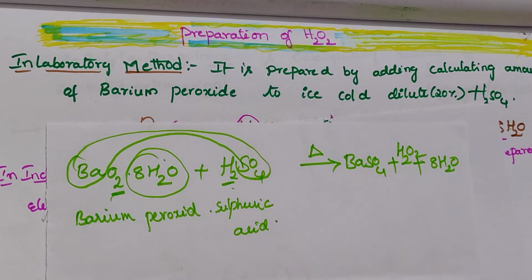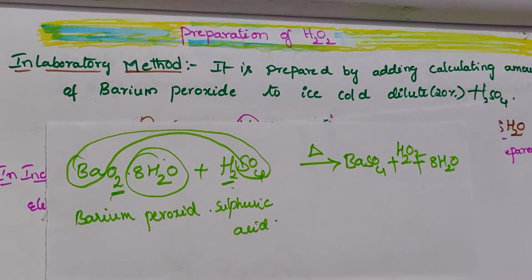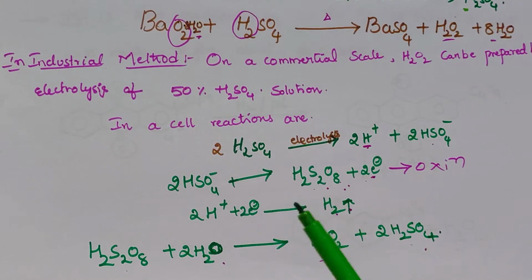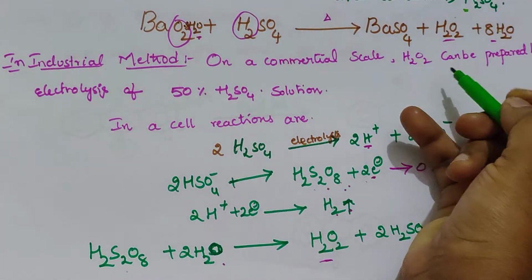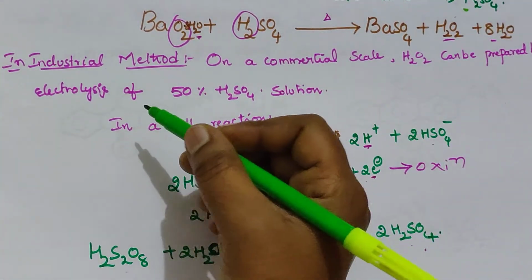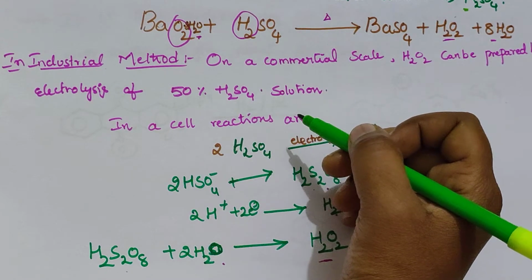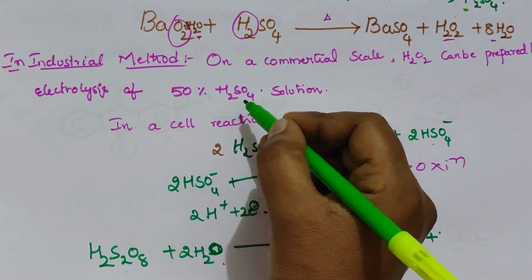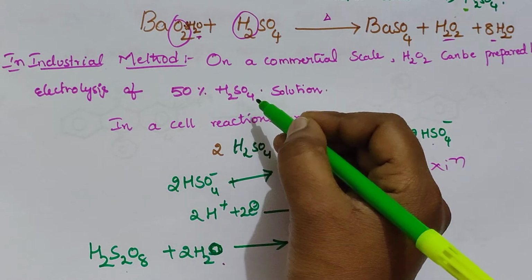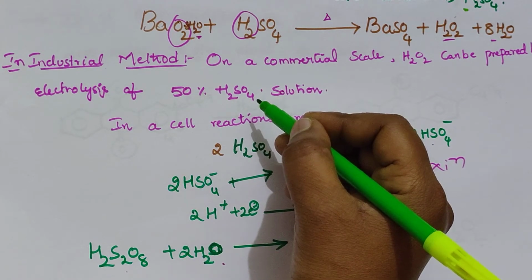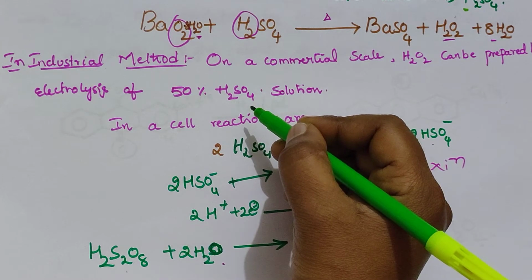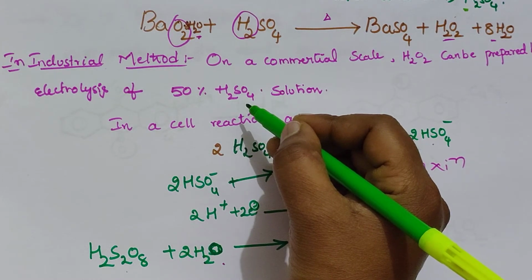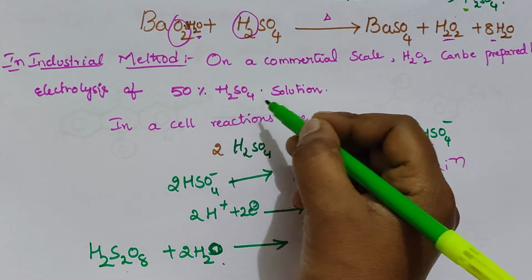And the next one is the industrial method. In the industrial method, hydrogen peroxide is prepared on a commercial scale. Hydrogen peroxide can be prepared by electrolysis of 50% H2SO4 solution. H2SO4 is called sulfuric acid, and its chemical formula is H2SO4.